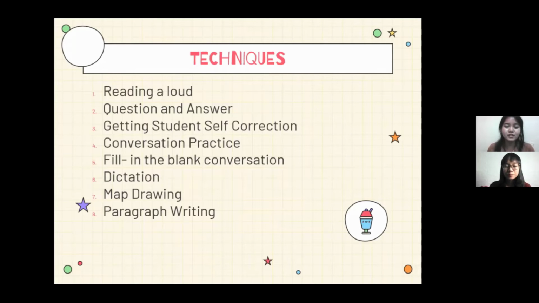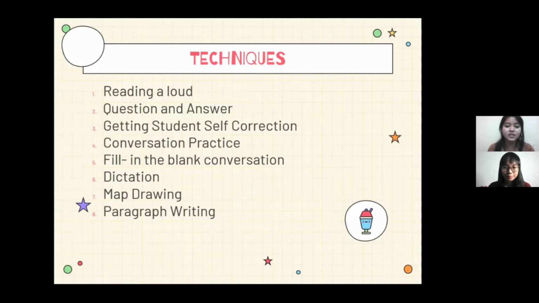In here, a student are given some question, and then the student should answer it with a complete sentence. And then the next is giving student a self-correction. It means that the teacher will lead a student to be ready in self-correction. And the next is conversation practice. It's like a teacher give a student some kind of conversation, or they can read it and practice it with their friends or with the teacher and student.